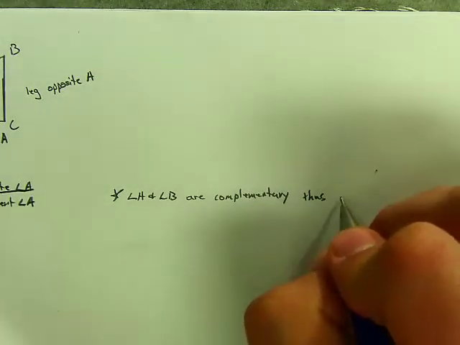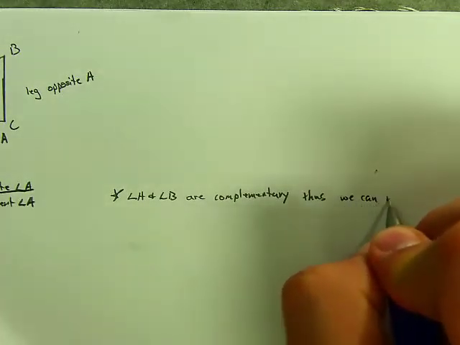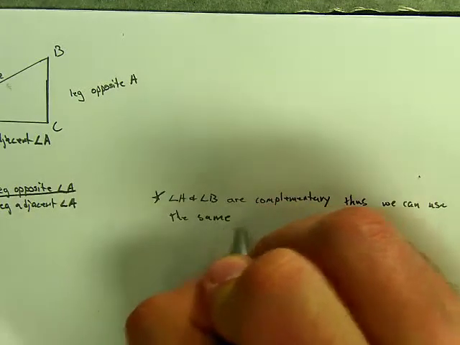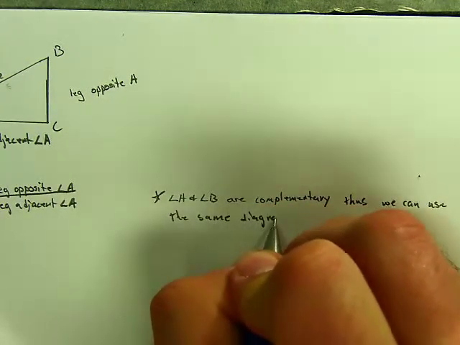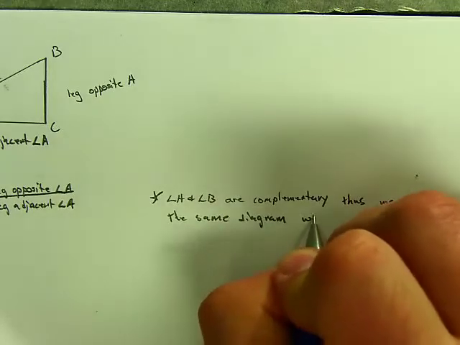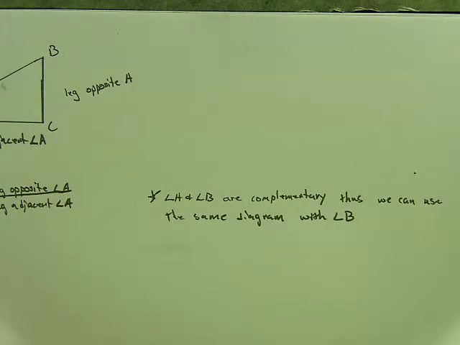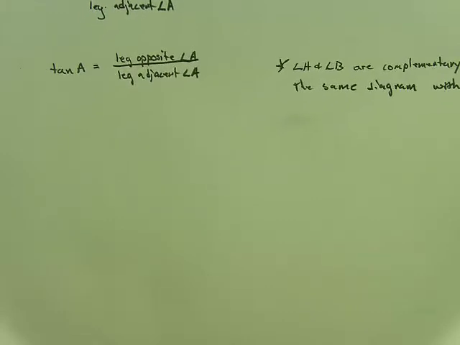Basically, thus we can use the same diagram with angle B. Okay, so just knowing that we can use either angle in order to solve for this. So let's go ahead and look at our first example.